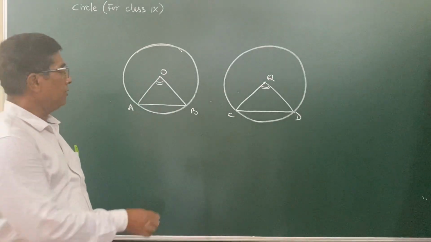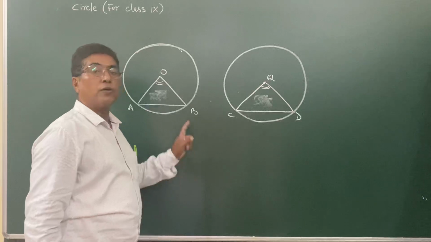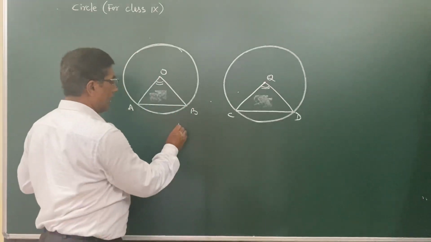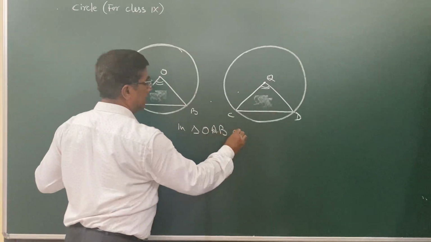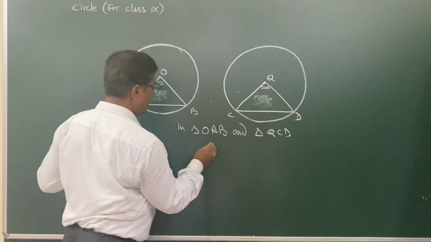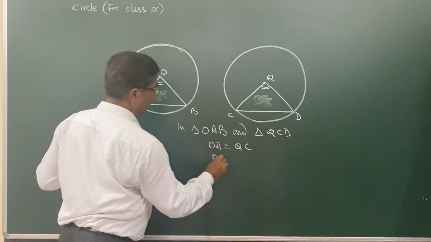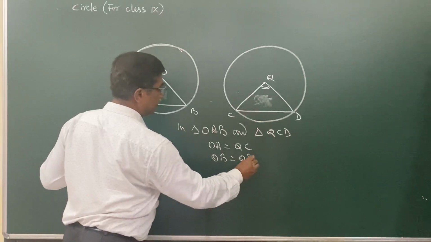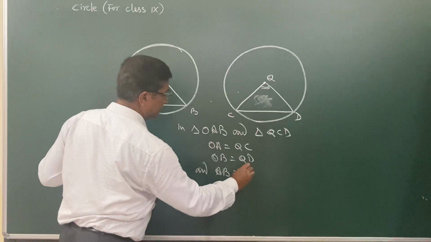For that, you take this triangle and this triangle and try to prove they are congruent. So in triangle OAB and triangle QCD, OA is equal to QC, OB equal to QD, and AB equal to CD.